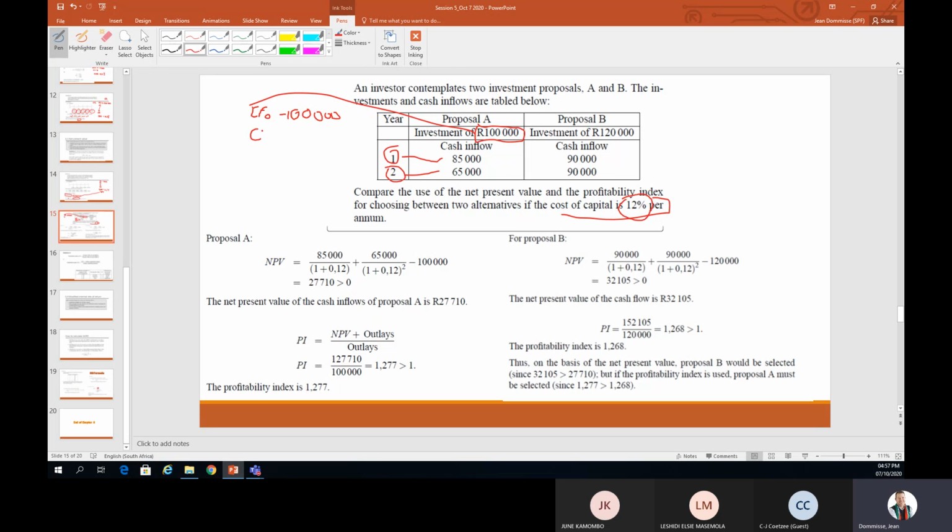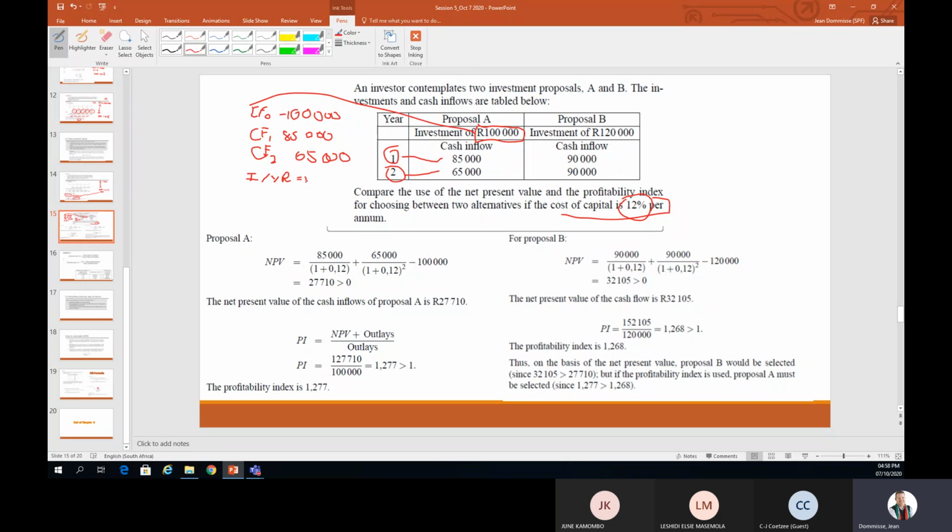According to my calculator, CF1 will be 85,000, CF2 will be 65,000, and the interest rate will be 12%.